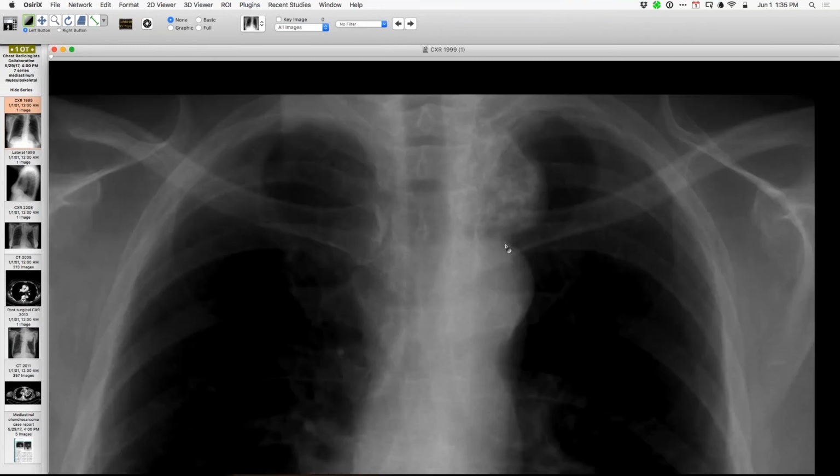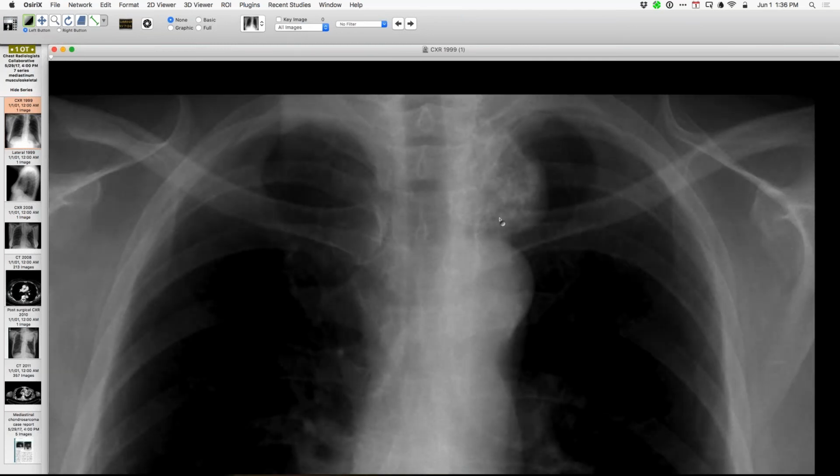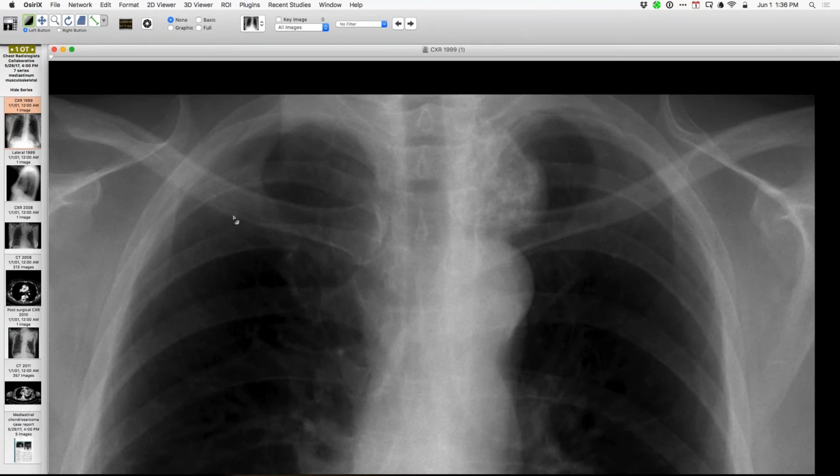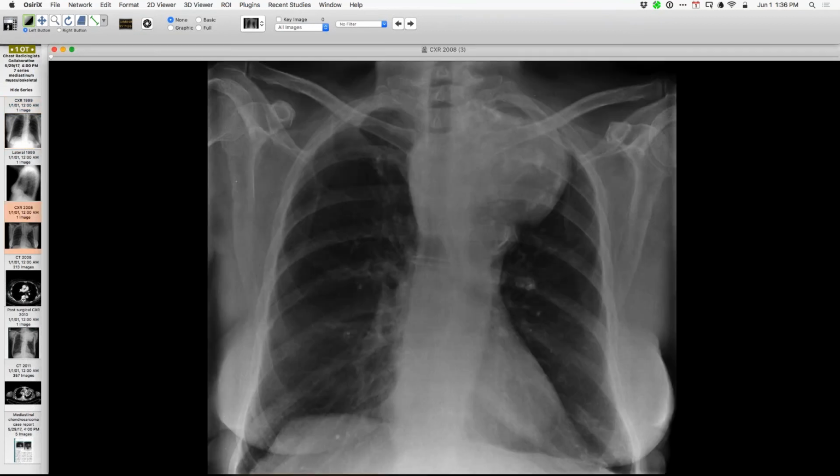And then internally, we can see calcium, so abnormal calcium in that location. So that is 1999. And I will show you CT from 2008, in which case you can see this has grown substantially, but otherwise in the same location and with the same imaging features generally, but just much bigger.